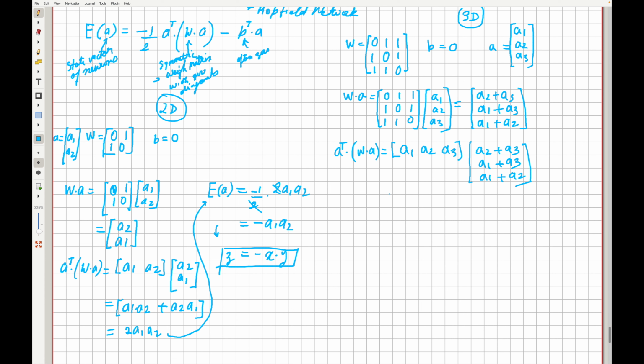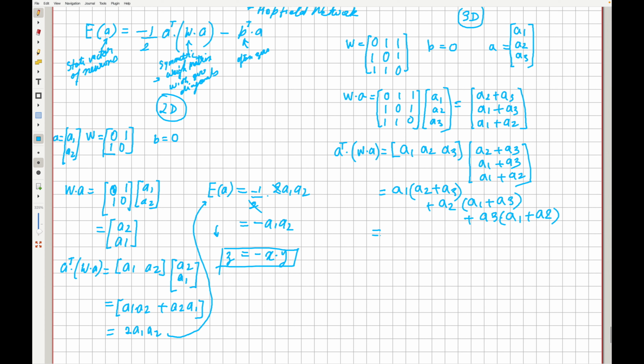When we perform the dot product, we get A1 times A2 plus A3, plus A2 times A1 plus A3, plus A3 times A1 plus A2.